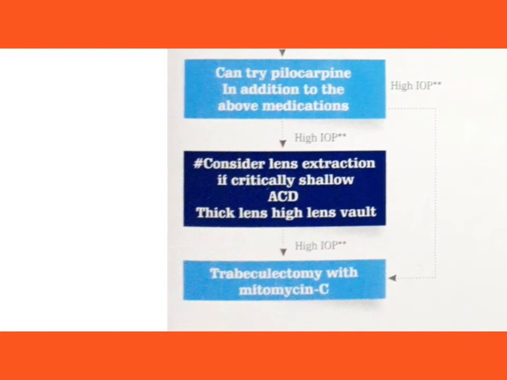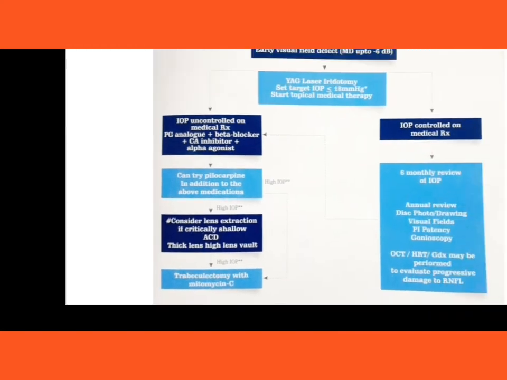Trabeculectomy is the process to make a pathway to allow the aqueous humor to pass through that flap. Okay, in trabeculectomy, a pathway is created surgically. It is a surgical procedure. Okay.